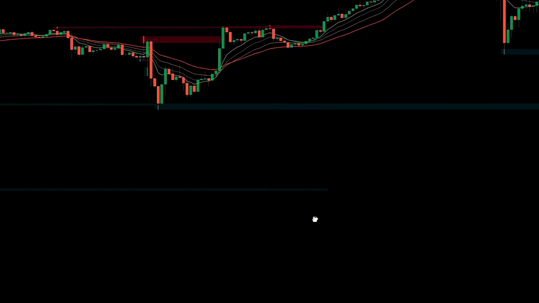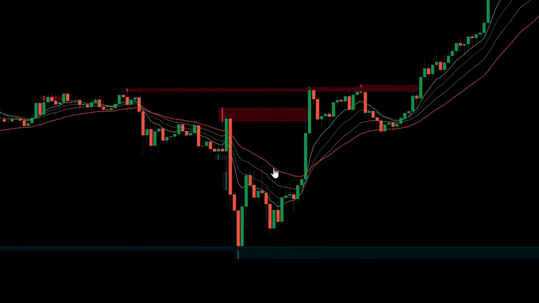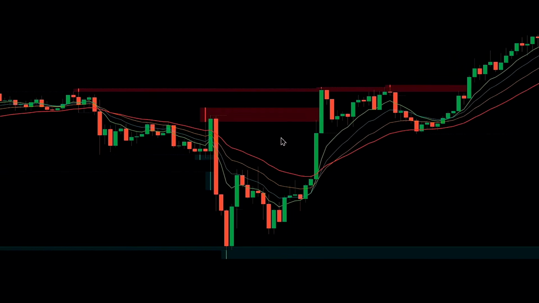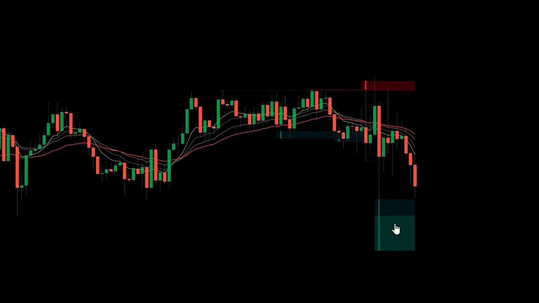At this point, you might be wondering what exactly is a liquidity and what is a liquidity sweep. Before diving into that, let's break down the indicator's components. It consists of lines and rectangles. The lines represent liquidity, while the rectangles indicate liquidity sweeps.